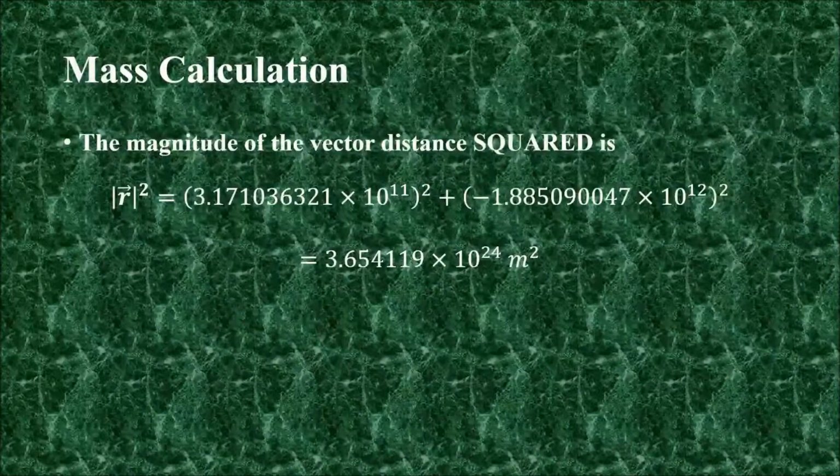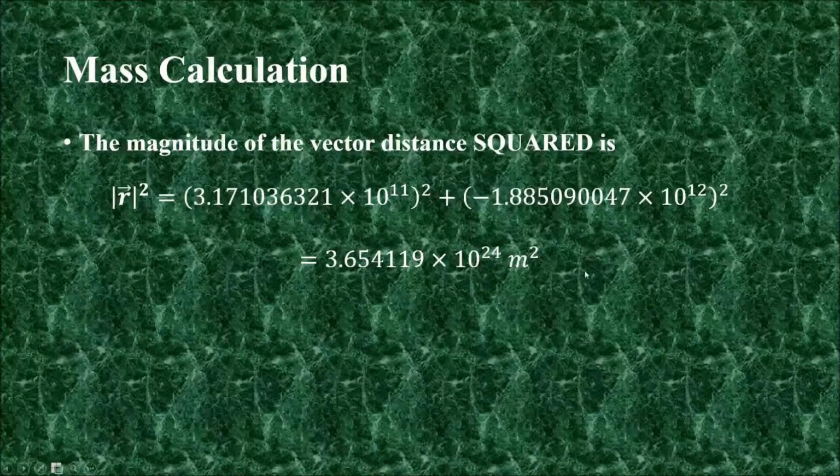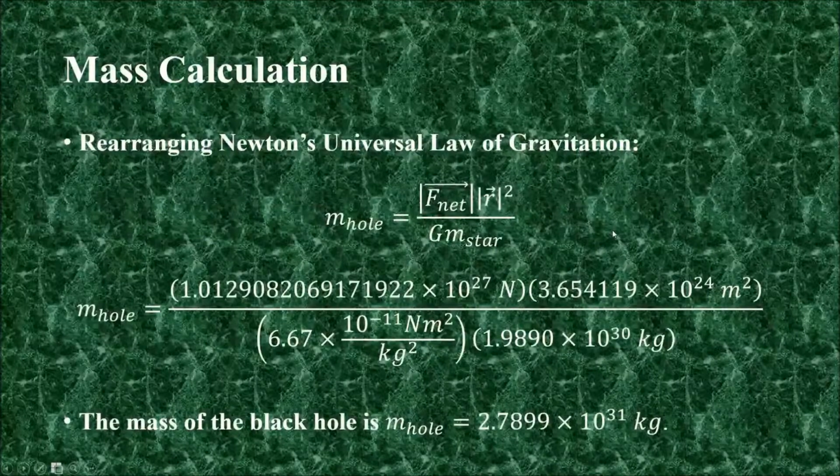The magnitude of the vector distance squared is this value, which will be used in Newton's law of universal gravitation. Rearranging Newton's universal law of gravitation, the mass of the black hole is isolated to the left side. Plugging in the numbers, the mass of the black hole comes out to be 2.7899 times 10 to the 31st power kilograms.